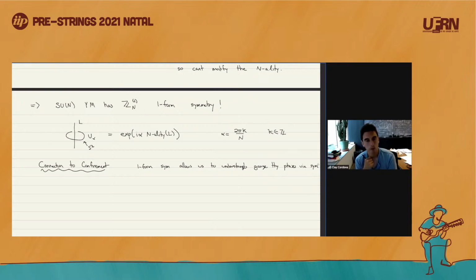But what I'm going to tell you is that if you allow yourself to think in terms of these one-form symmetries, then these phases are very similar. In particular, what I'd like to motivate for you is that this Zn1 one-form symmetry being spontaneously broken is the same thing as saying that the theory is deconfined.